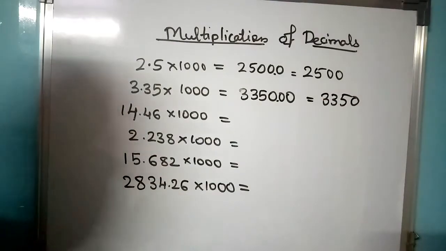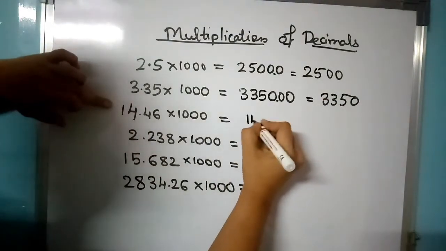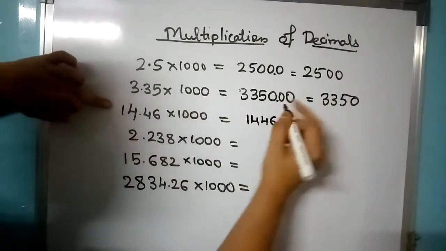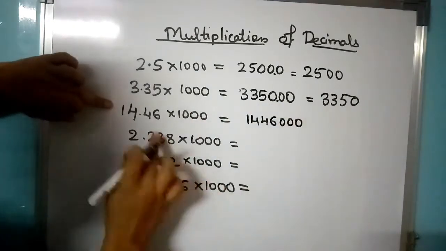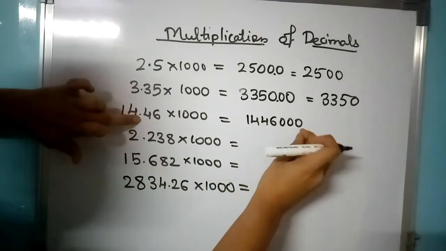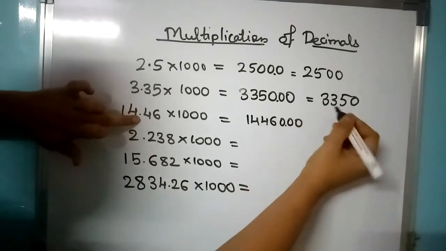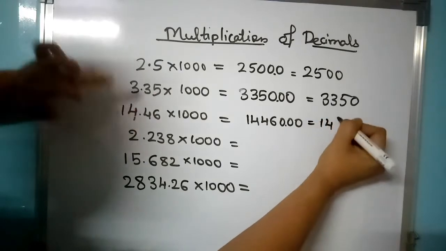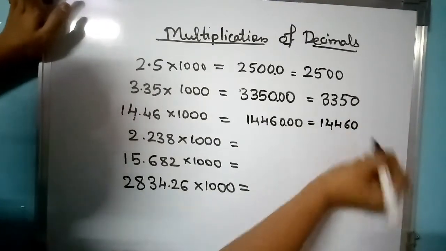Okay, now let's do this. 1446000. After decimal there are two places, so from right to left leave two places and give the decimal. So the answer is 14460.